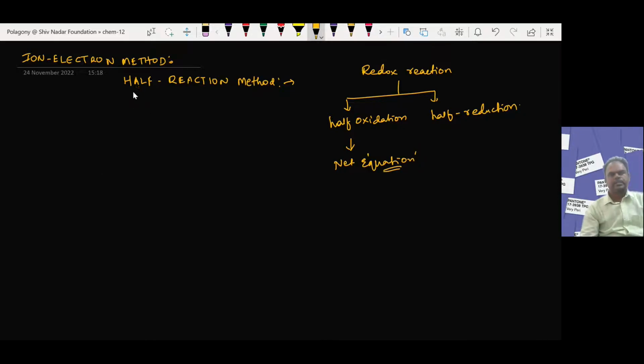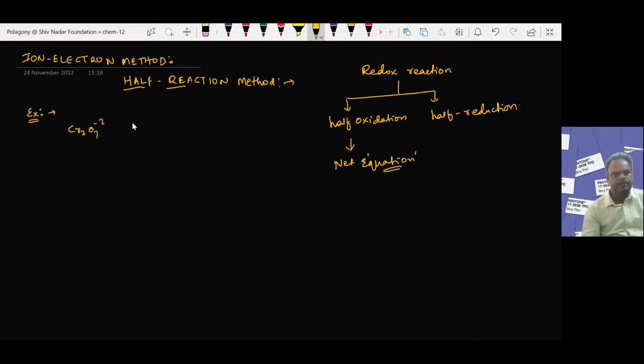For a complete understanding of this half reaction method, let us take an example.